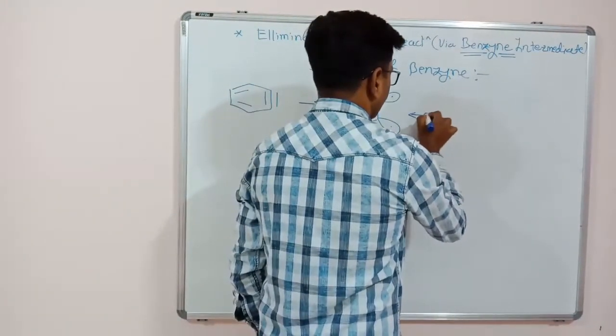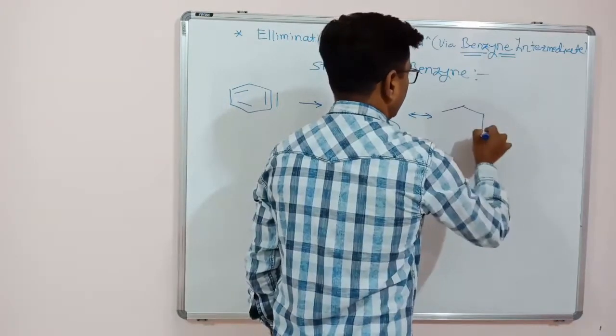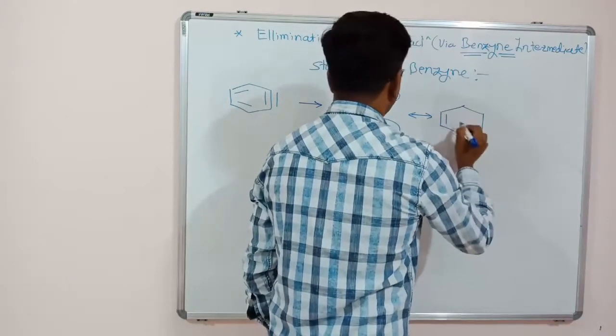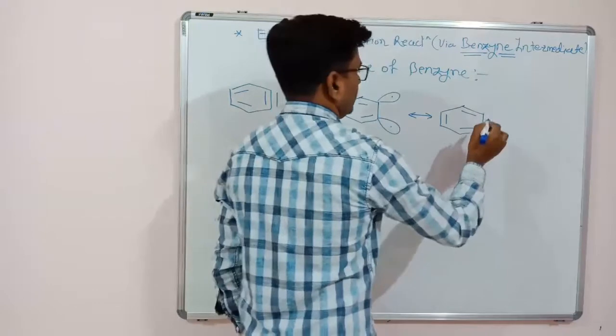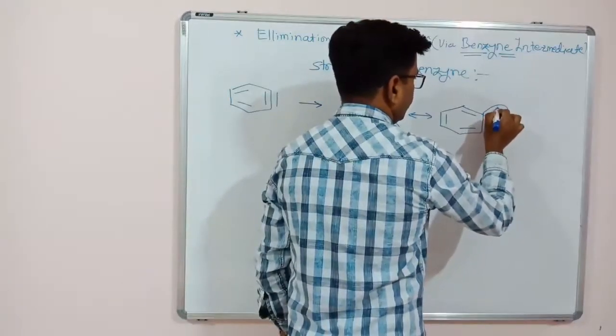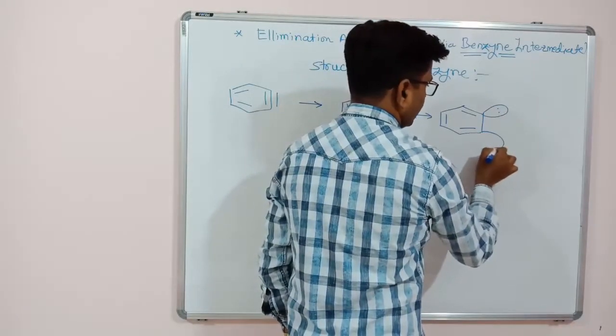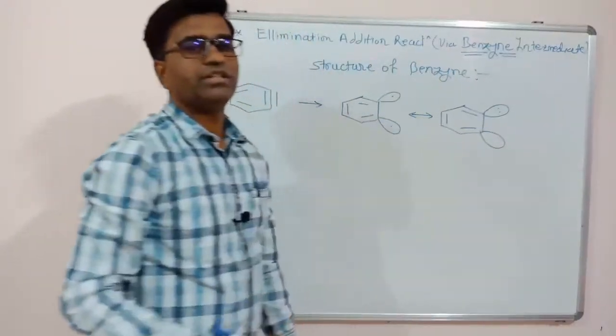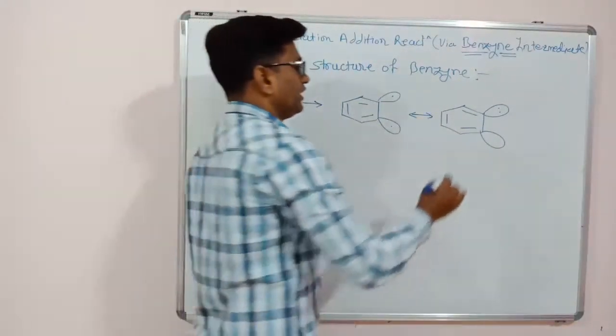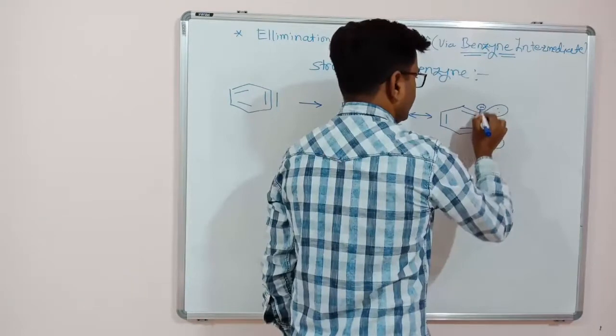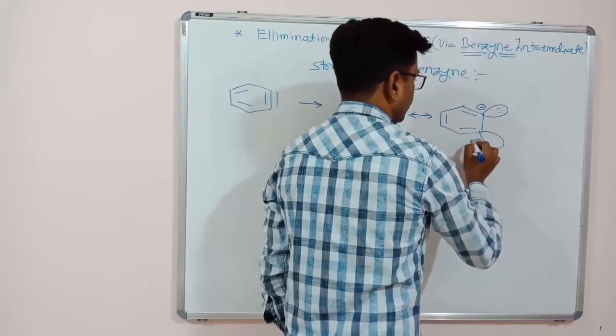Resonance is possible, or delocalization is also possible. So what will happen? These two electrons might be present in only one orbital, while the second orbital is electron deficient. So this carbon will be electron rich and this carbon will be electron deficient.